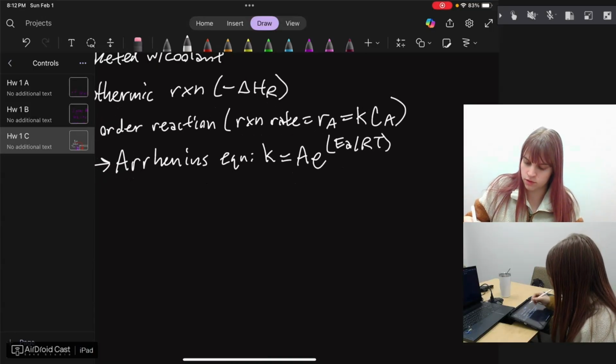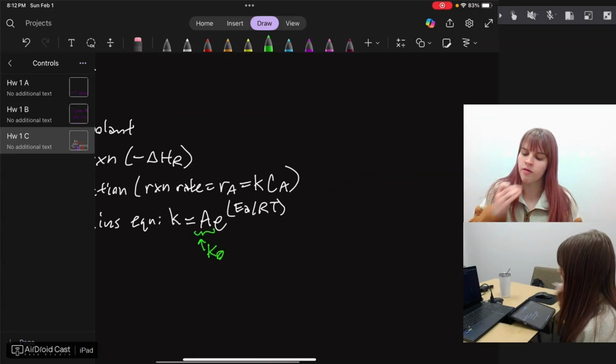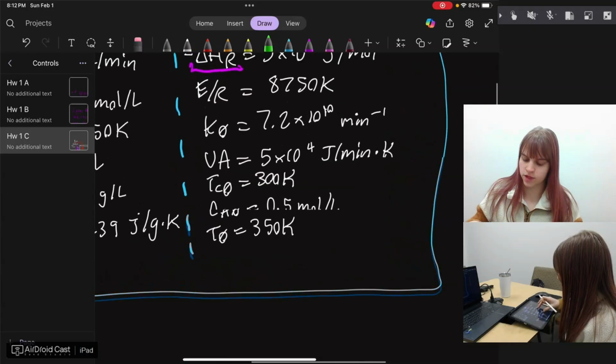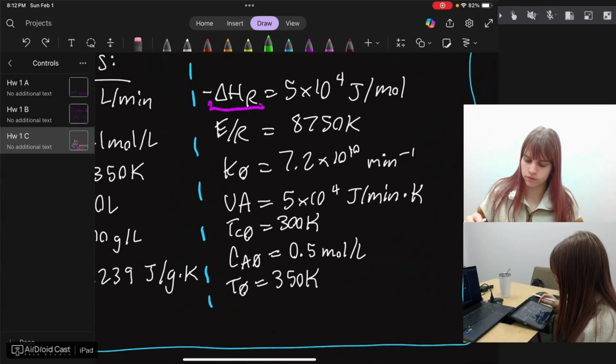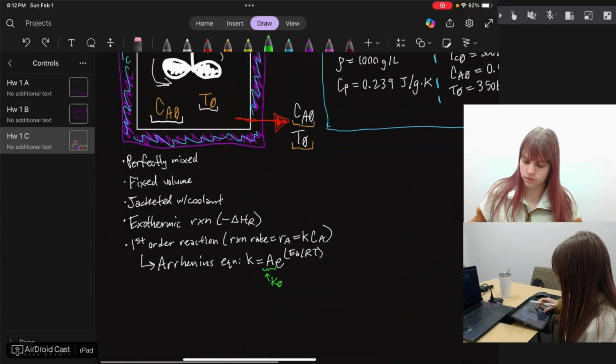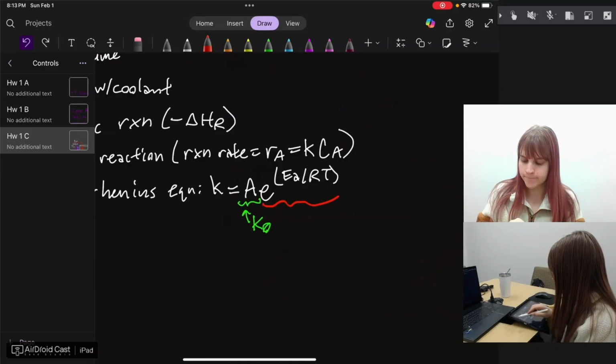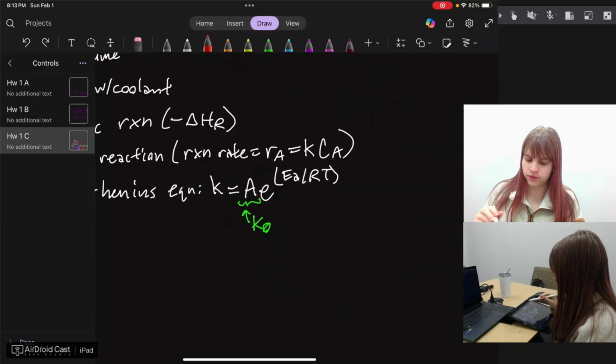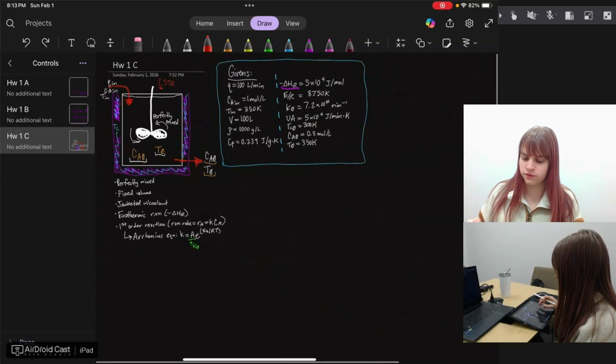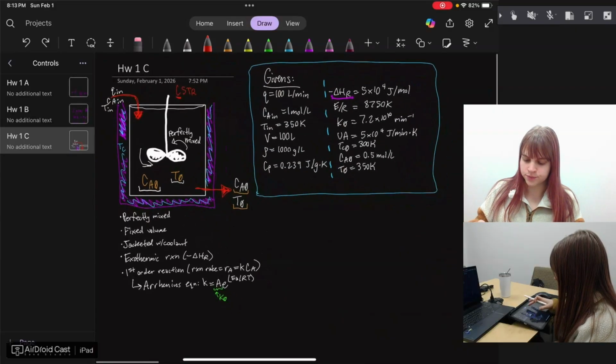And this A value was given to us by this K naught value right here. Essentially, this A is the largest value that K could possibly be, so that is why we call it K naught. And I think we have all of the basics written out there.